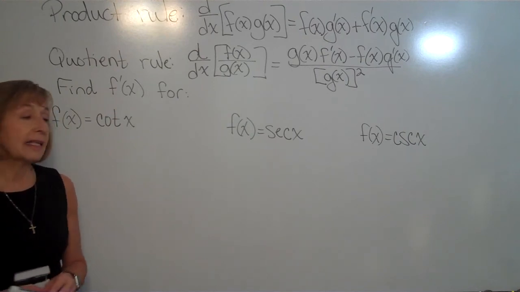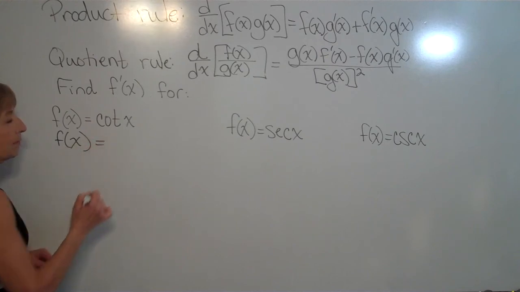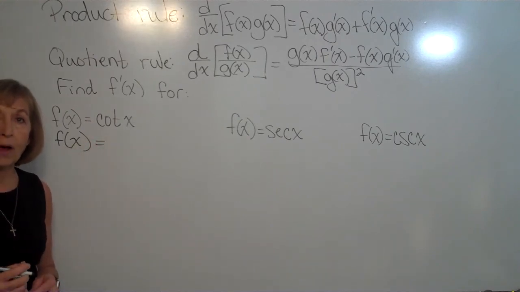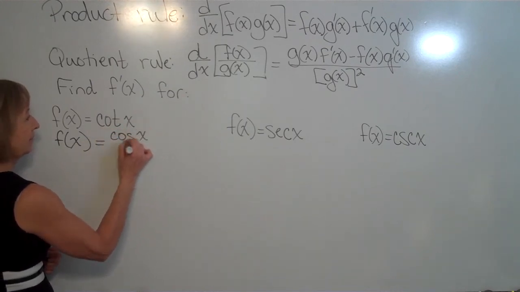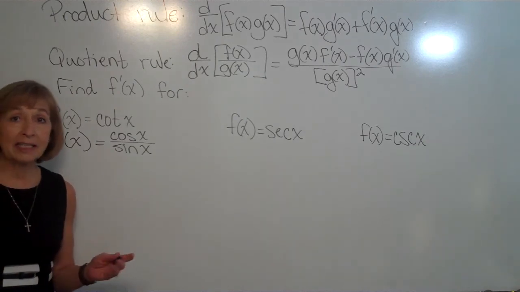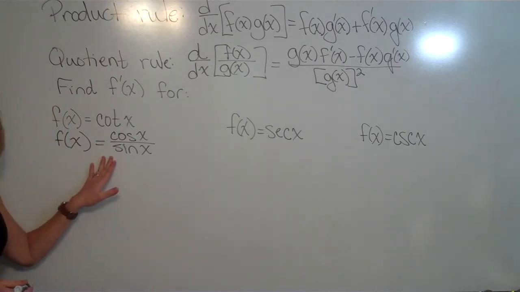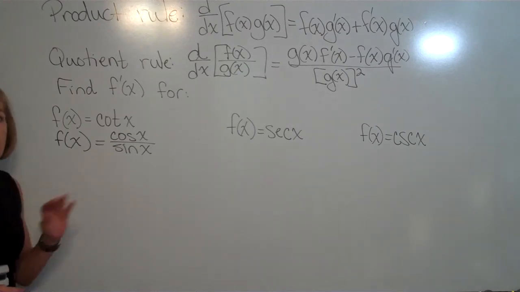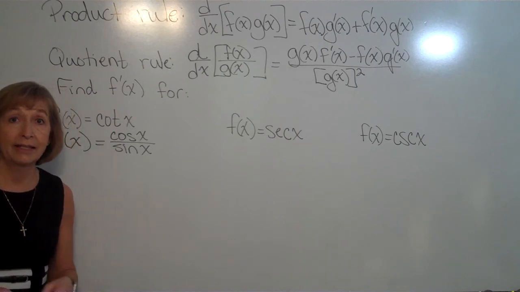Let's look at this as the function being the ratio of cosine of x over sine x. I'm doing the video, so I get to pick which one we're going to do. I'm just rewriting it from a trig identity. I haven't done any calculus yet.